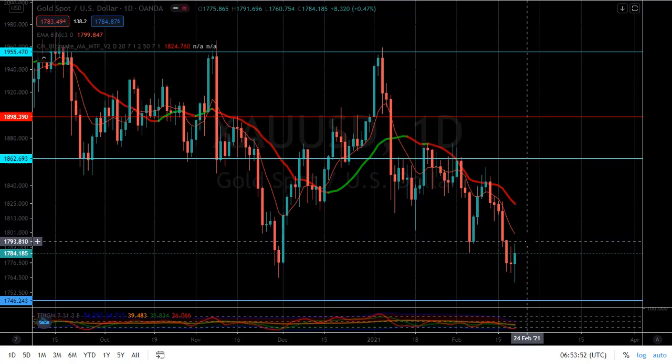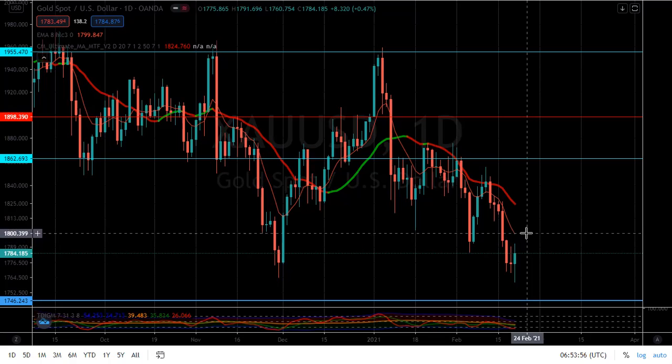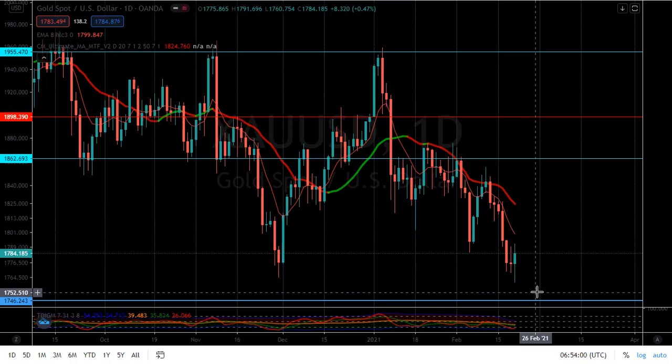Price has closed at the 1784 area. So I want to see some small slight bullishness for us to continue to the downside for gold. Continuing lower, we have the 1746 area as our first key level, our first target to work with.